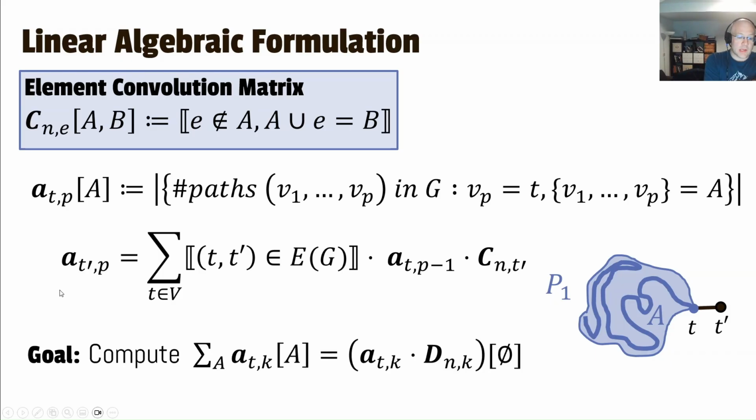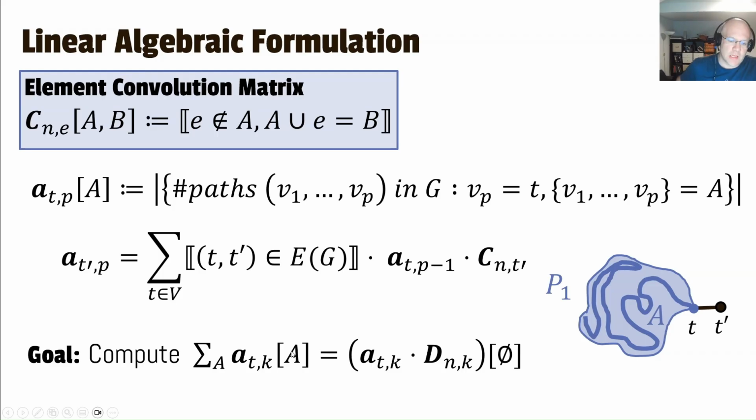Okay, so with this setup we are interested in the vector A_{t,k}, which is about paths of length k. In particular we need to sum over all vertices A, actually also over all vertices t, but I didn't want to dwell too much on the details. So this is roughly the number of paths that we're interested in.